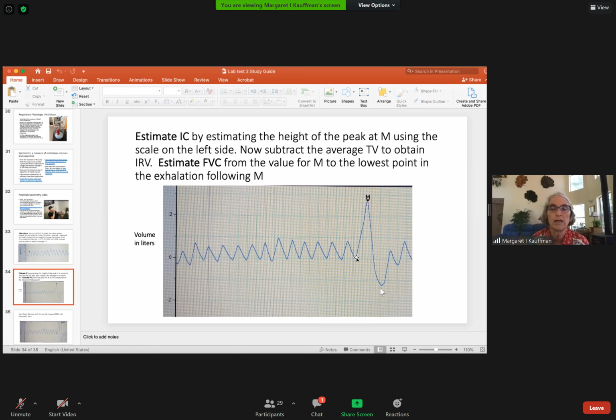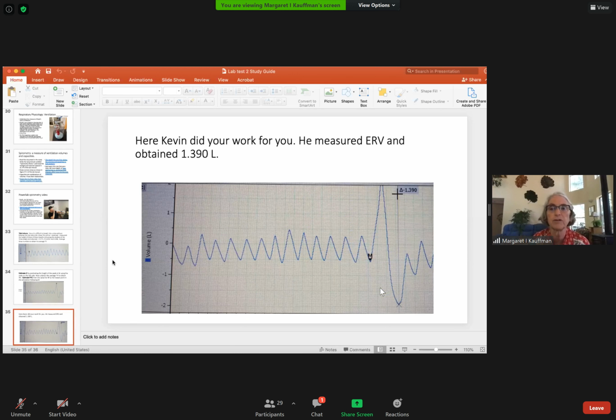drift. Luckily, when he goes to do his major inhalation, you can start from 0 here, and eyeball over here, and then measure what it is. And I think he does it for you actually with the machine, if I remember. Yes, here he does it for you.